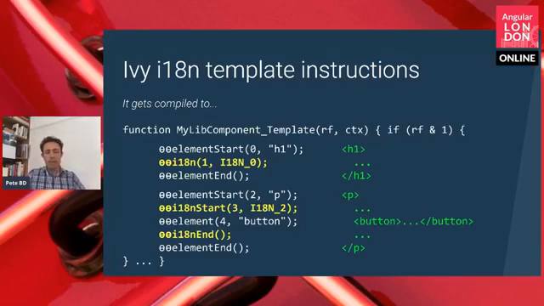Similarly, in the P tag, we've got a button in the middle, but that's wrapped with an I18N block. And so what we're saying to the renderer is that this block here will be a translated message, but there will be a button in there at some point.